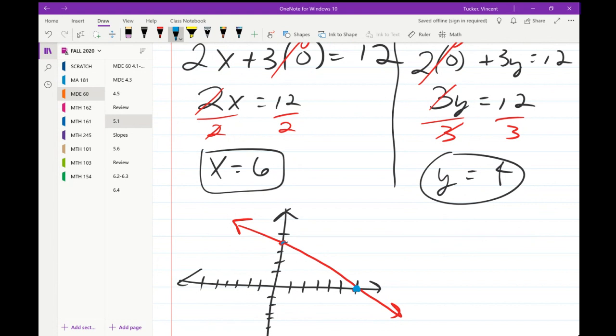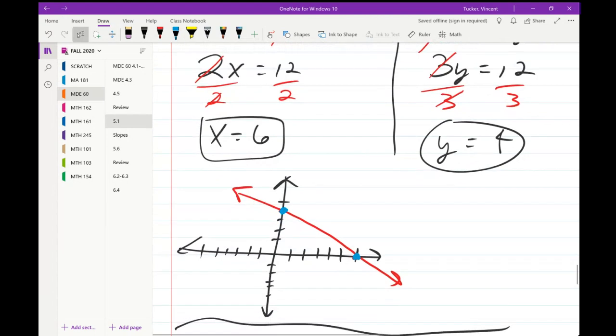Go back to your origin, go nowhere for x, and go up 4. And draw your line through both points. Questions? Questions on that?